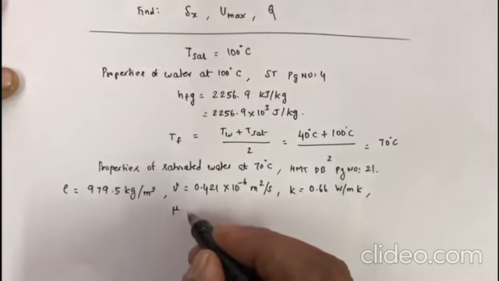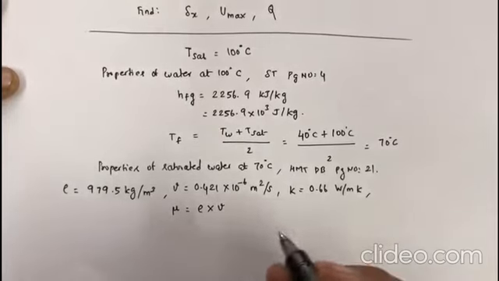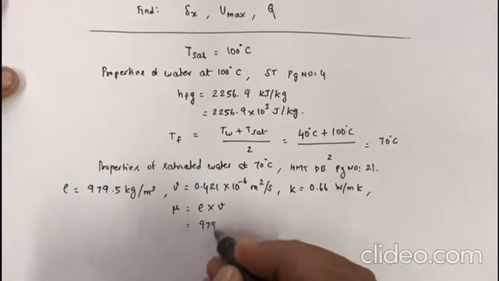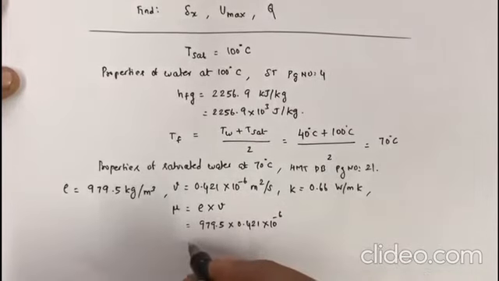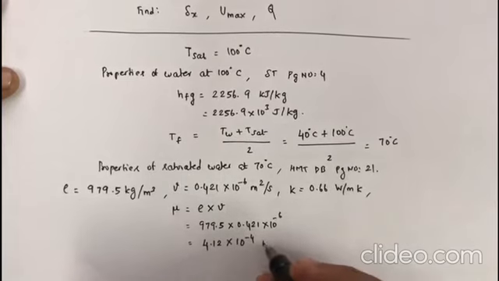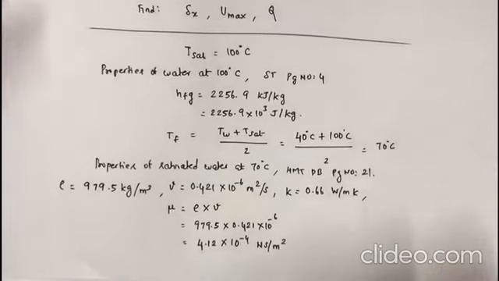And the dynamic viscosity, as usual, you can arrive at by multiplying rho and nu, which is 979.5 into 0.421 into 10 power minus 6. So this will be 4.12 into 10 power minus 4 Newton second per meter square. Now we have got all the properties of saturated water at 70 degrees Celsius.